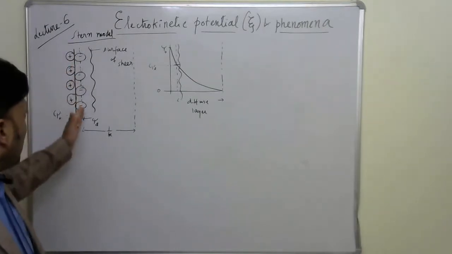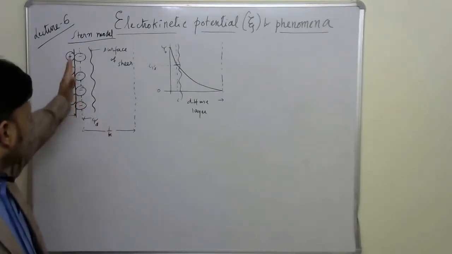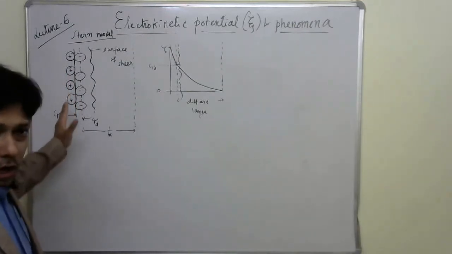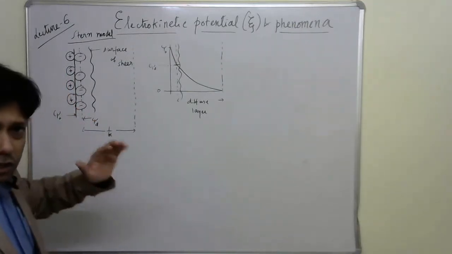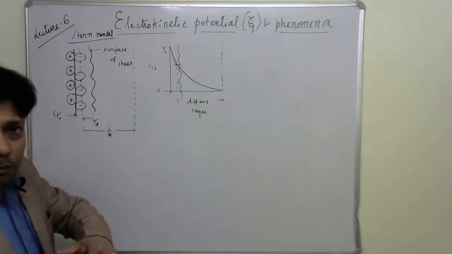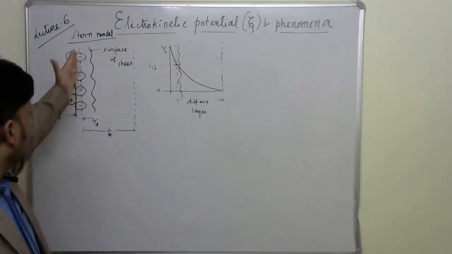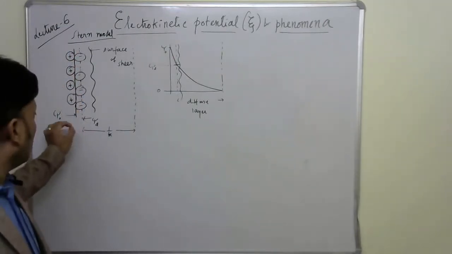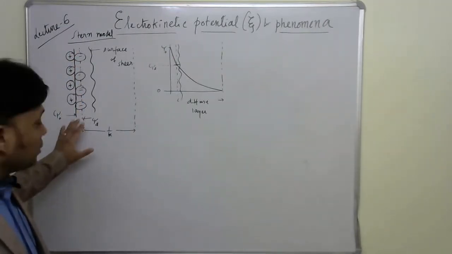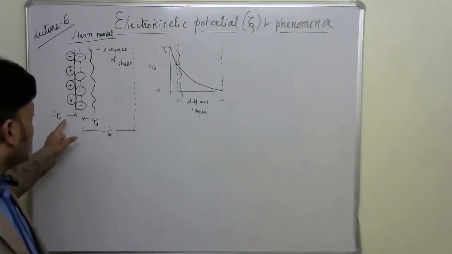These are the counter ions that get primarily adsorbed on the charged surface. This adsorption is almost comparable to Langmuir's type of adsorption. These are strongly adsorbed ions. This is another fixed layer, and we know this is called the Stern layer. The potential here is psi d, and the potential at the charged surface is psi naught.